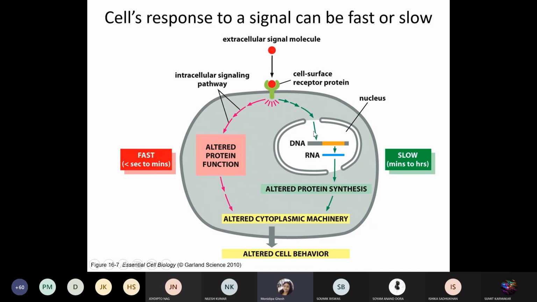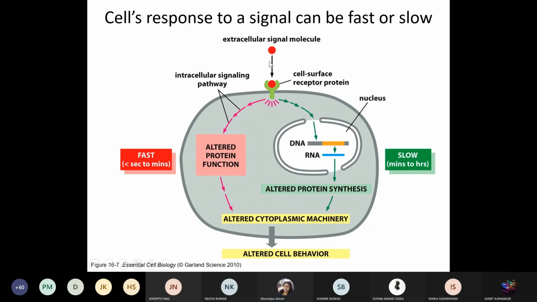And if you follow the right hand panel, whenever the cell surface receptor interacts with the extracellular signaling molecule, this is the surface signaling cascade, and here there are intracellular signaling receptors inside the nucleus. DNA and RNA are all situated inside the nucleus. Can you get the point? There are nuclear pores, gaps in the nuclear envelope.